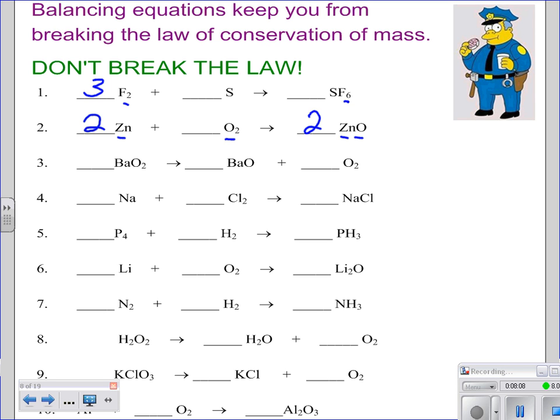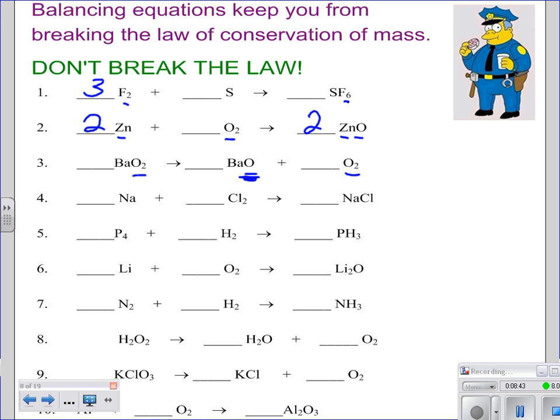Number 3, bariums look good. When you start looking at those oxygens, this is where things get tricky sometimes. Here we've got 2 oxygens, but notice on the product side, on the right-hand side, you've got 2 places where you have oxygens. What I would key in on is the fact that you have an odd number. So if you fix that odd number, that can oftentimes help and make it an even. This is the one I would look at, because that's what makes it odd. I've got 2 over on the right-hand side, but I've just got 1 right there, giving me a total of 3 on the right-hand side.